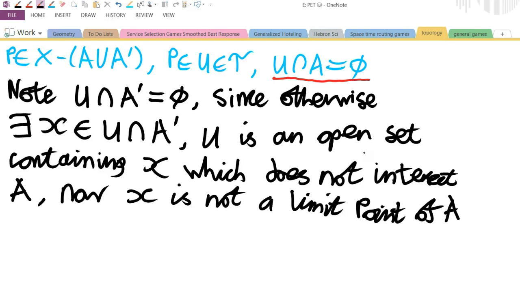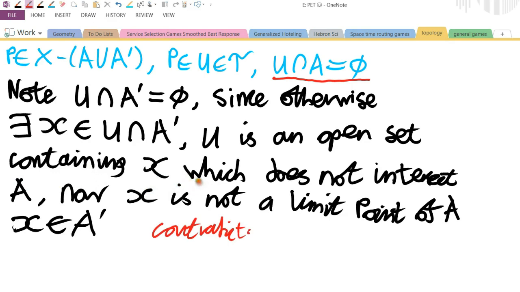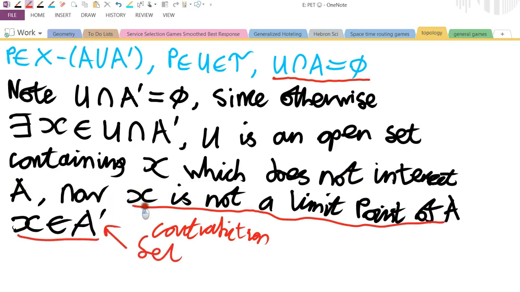So X is not a limit point of A, but we just said that X was in the set A dash, and we defined A dash as the set of all limit points of A. So this is a contradiction, isn't it? The contradiction is that we can't have X not a limit point of A, while X belongs to A dash, which is the set of all limit points.